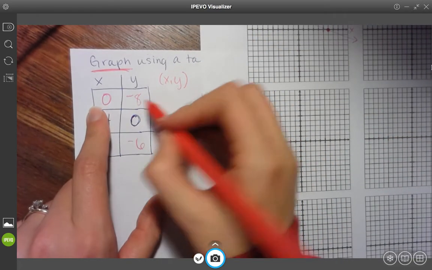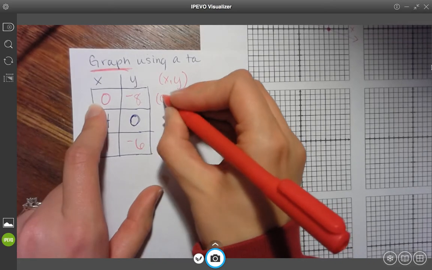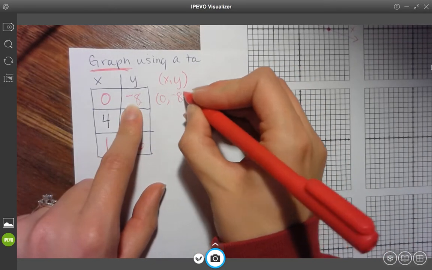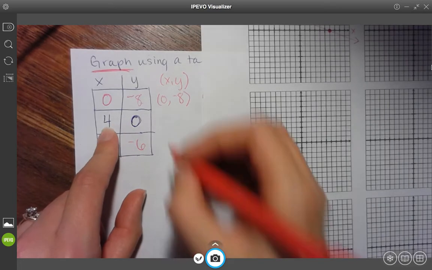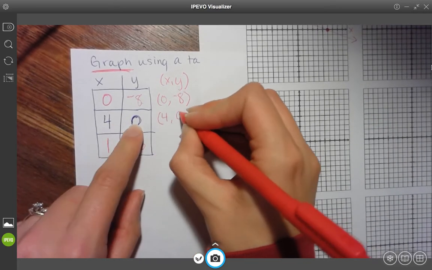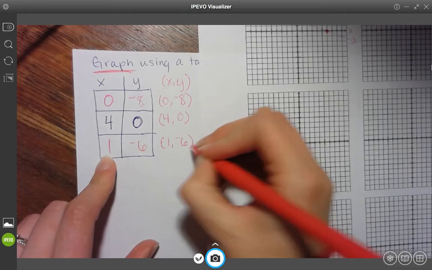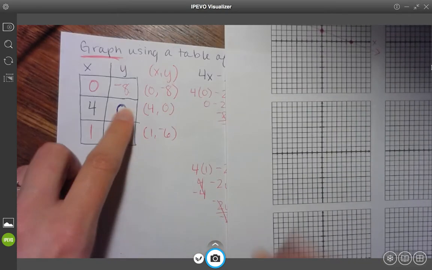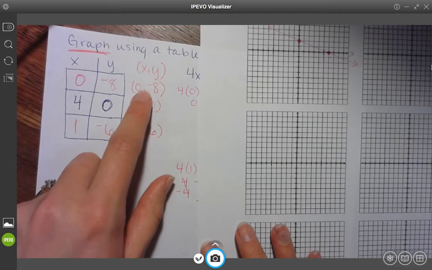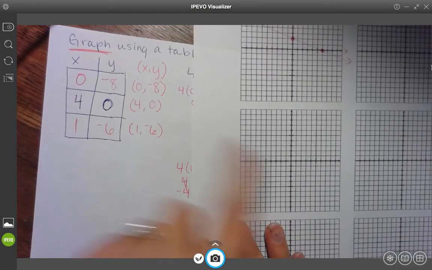So my point here, I use the x, I use the y, and I have a point. My next point, 4 for the x, 0 for the y. My next point, 1 for the x, negative 6 for the y.